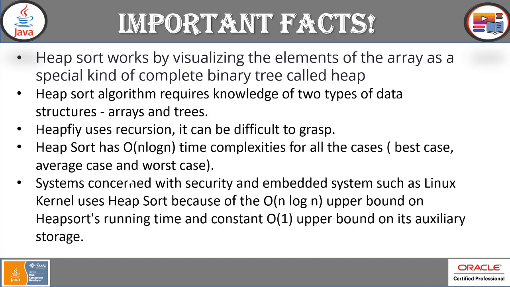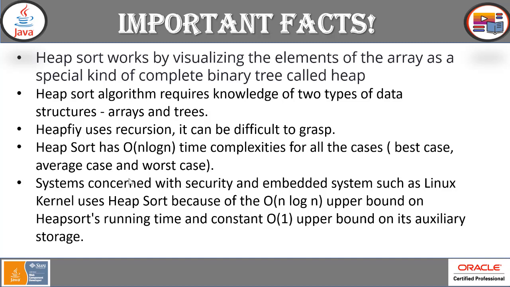So we have discussed the complexity: the processing time to sort when n elements exist in the array or tree structure is the same, because it needs to compare individual elements. That's why the complexity for all the cases is the same. There's no difference and no change in its efficiency.